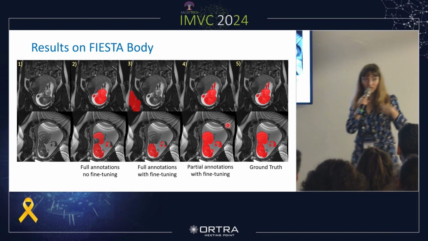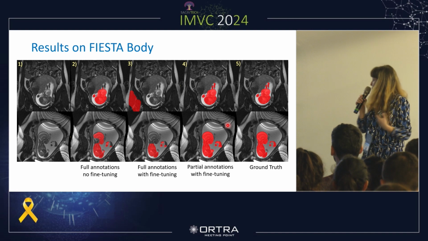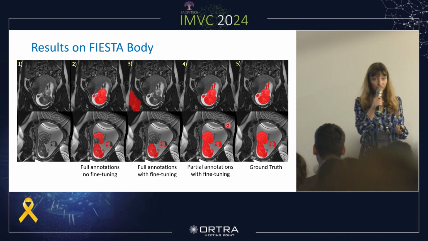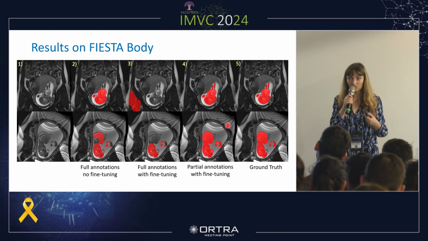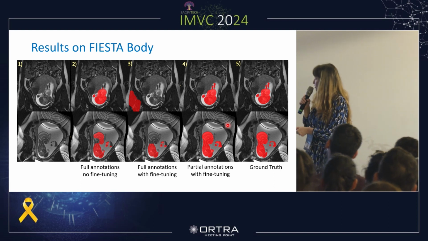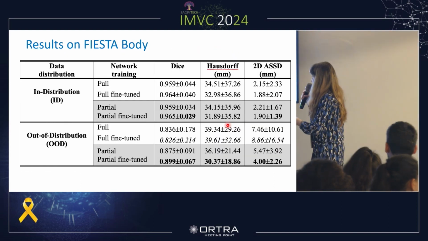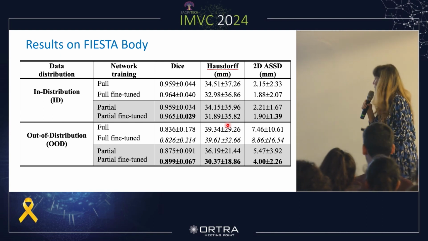So actually the longer training was not beneficial for us, and here there was probably a phenomenon of overfitting. On the other hand, we didn't see it in partial annotations, and maybe I will come back to the table here. You can see that the fine-tuning was actually helpful for the partial annotations.